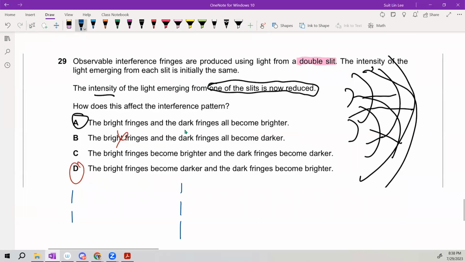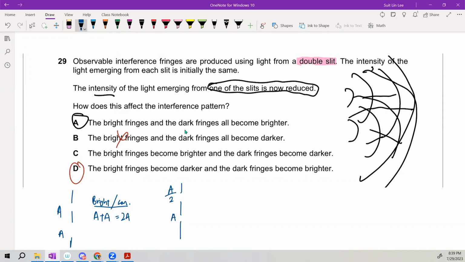I guess a way to think about it, to help your brain, is instead of using the intensity I, use the amplitude A. Let's say this is A, this is A. So for bright fringes or constructive interference, we have the amplitude A plus A, which is 2A. But now I reduce one slit. So let's say this one, I reduce the intensity, it becomes A over 2.